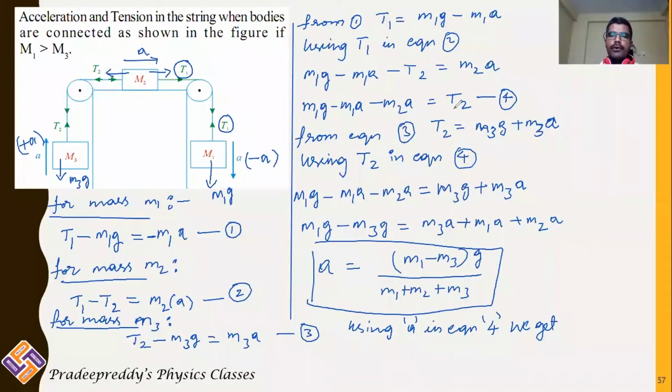In equation 4 we have only T2, which is equal to m1g minus m1a minus m2a. We have already found the acceleration, so substituting it in equation 4 gives the value of T2.